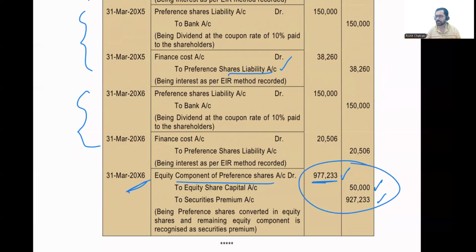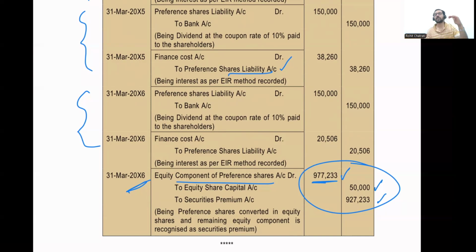When the equity shares are issued, there is going to be no change to the shareholders funds as a total. What is only going to change is the components within the shareholders funds. Earlier there was a row called equity component of preference shares. Now instead of that, we are going to disclose it in share capital and share premium.